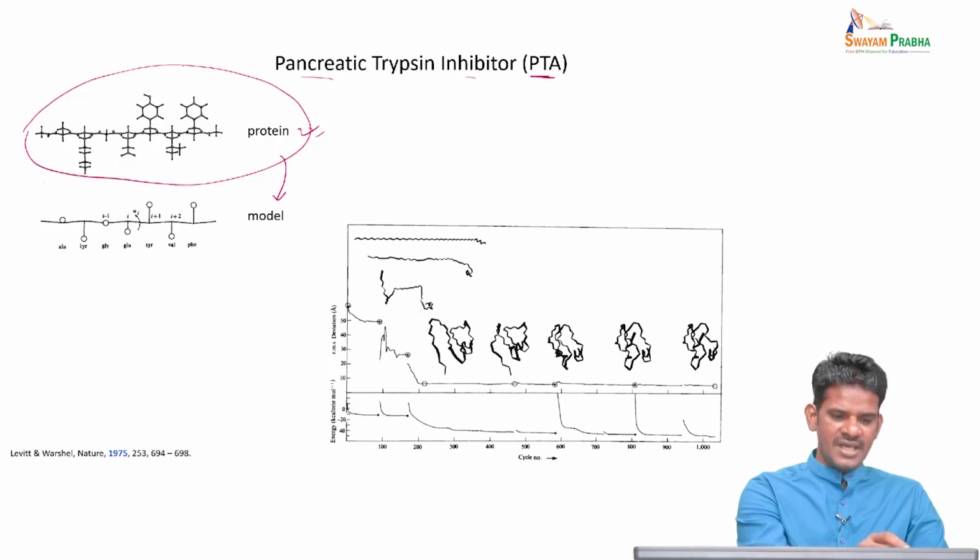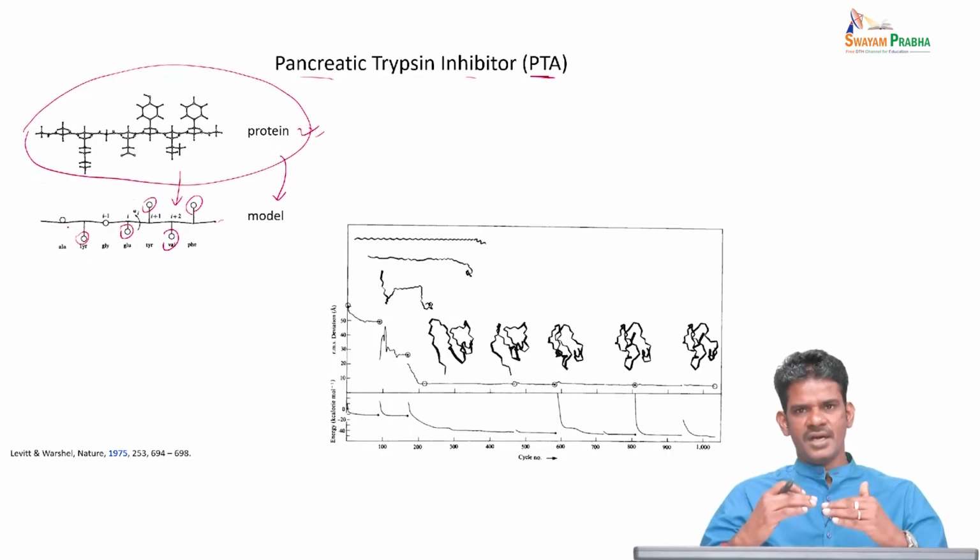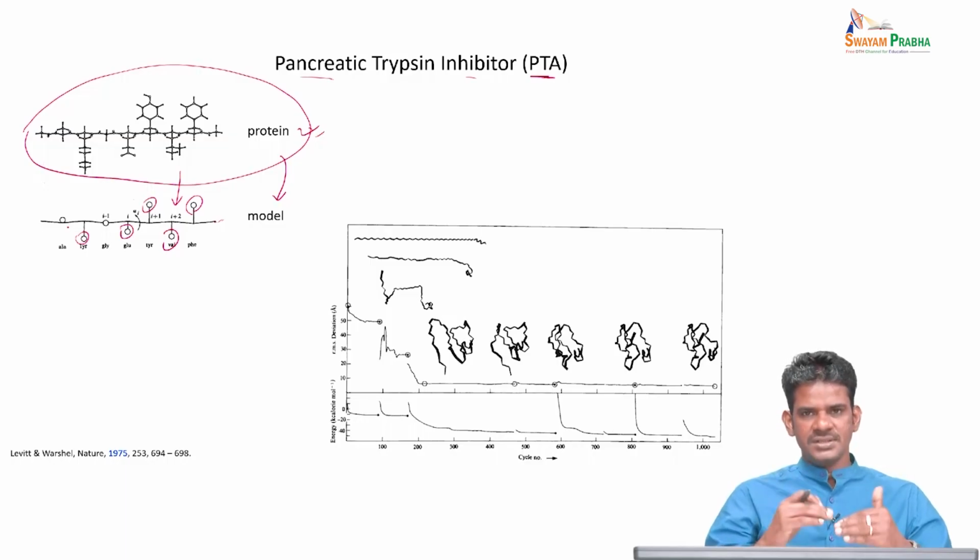Whatever chemical details are there are now simplified into a backbone chain, and all the side groups are given by a simple bead hanging on the backbone chain. Then you look at the interaction between these different residues, the angle potential and the dihedral potential.